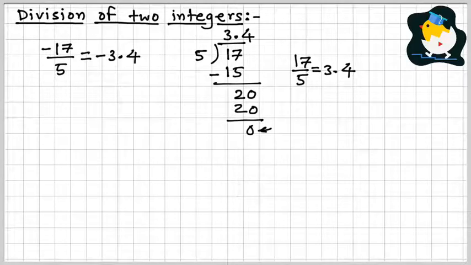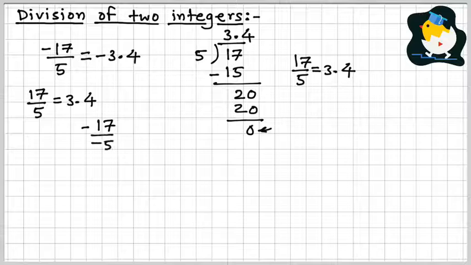Okay, so what is to be remembered? Let's say we have 17 divided by 5, both are positive, the answer will be plus. Correct. If both are negative, so let's say minus 17 divided by minus 5, the answer will be plus.